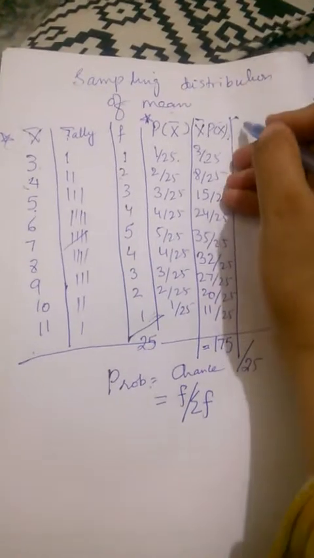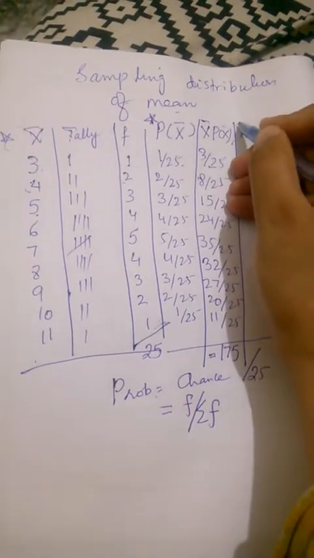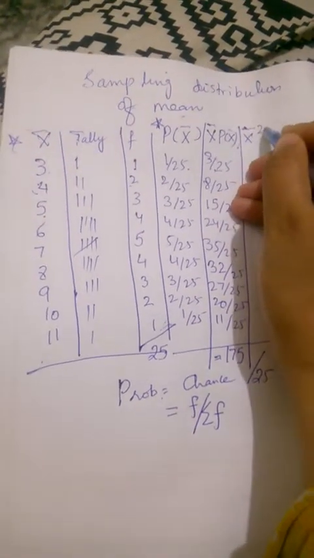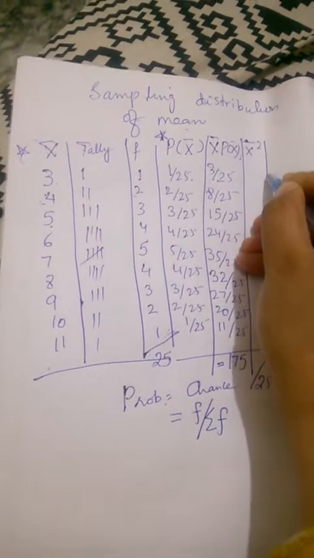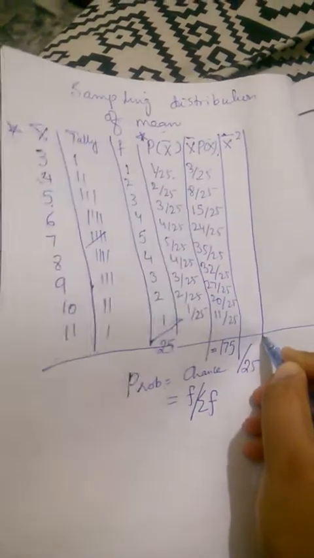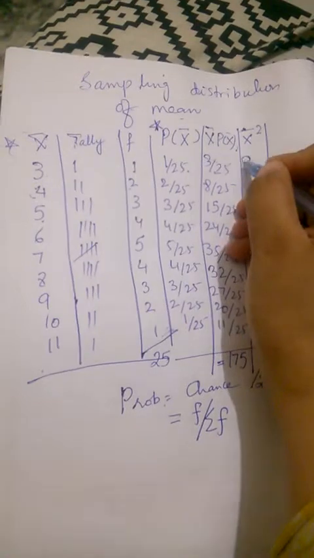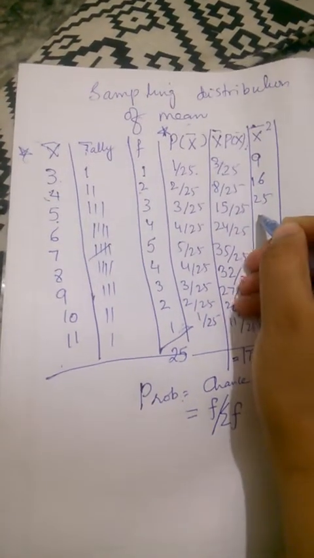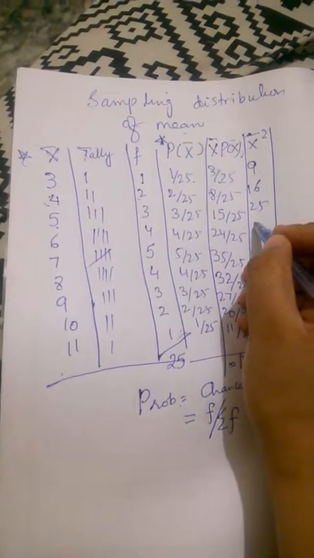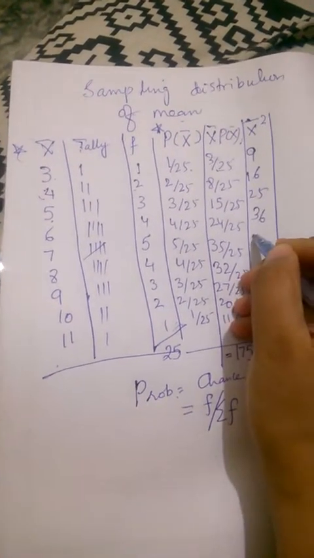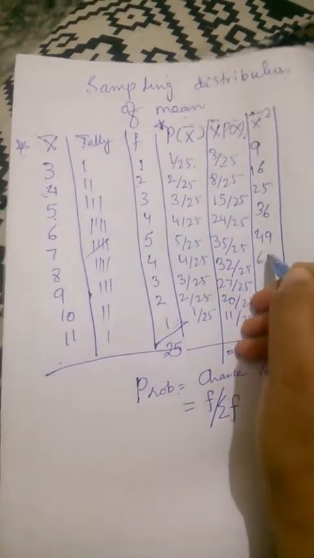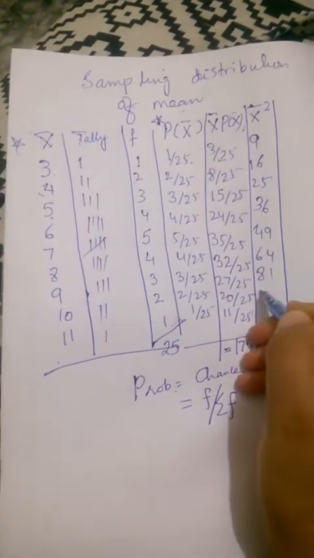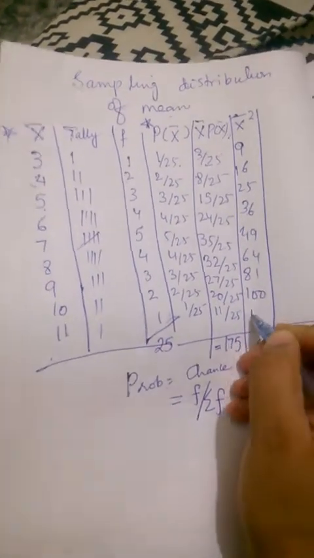In the same way, you have to make another column of x square into p of x, but first of all we will make the x square column. 3 square is 9, 16, 25, 36, 49, 64, 81, 100 and 121.